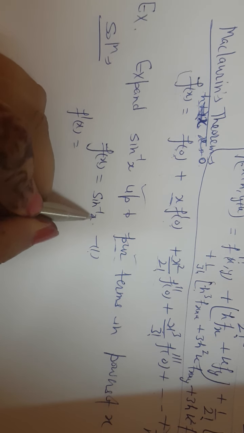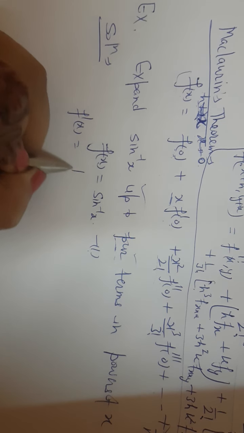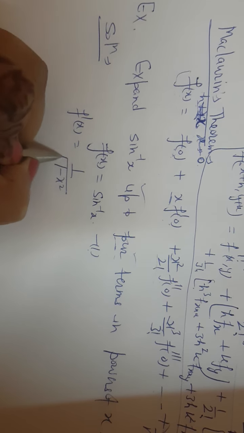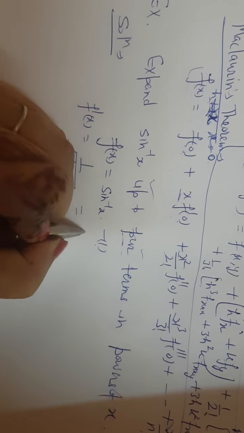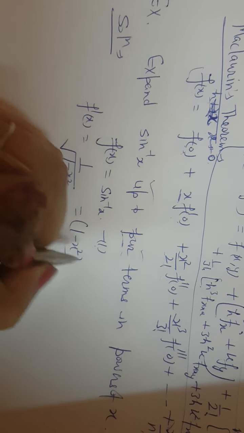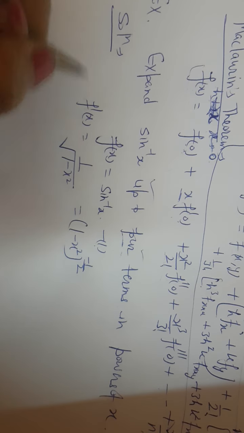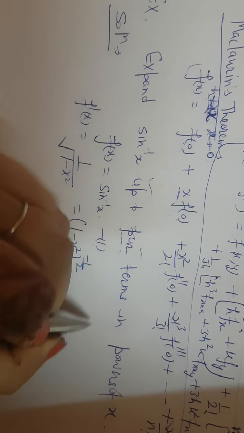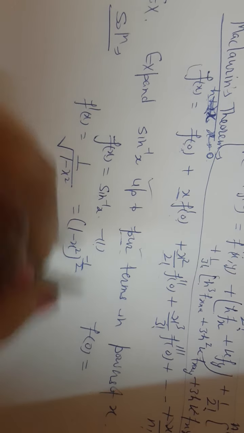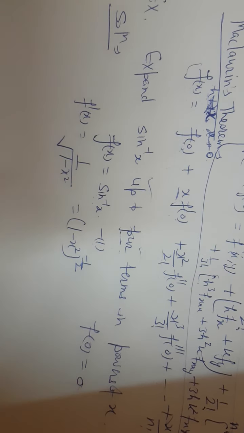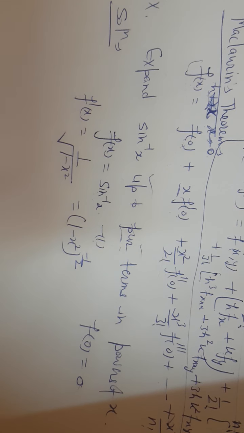Differentiating with respect to x, we get f dash x, which is the derivative of sine inverse x, that is 1 upon the square root of 1 minus x square, and you can also write this as power minus 1 by 2. Now f(0) is sine inverse 0, which is 0.